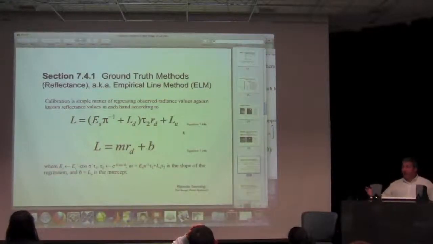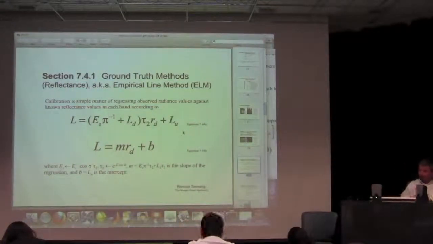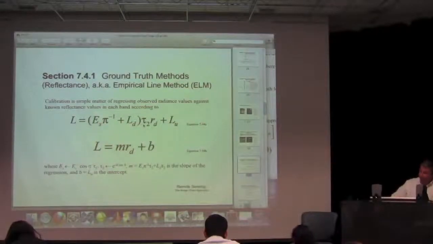Here's your simple propagation equation for a reflective region target. You have your exoatmospheric solar radiance, divided by pi to make it radiance, plus your downwelling radiance. This is actually the term that you're doing in the lab right now, in the reflective portion of the spectrum.